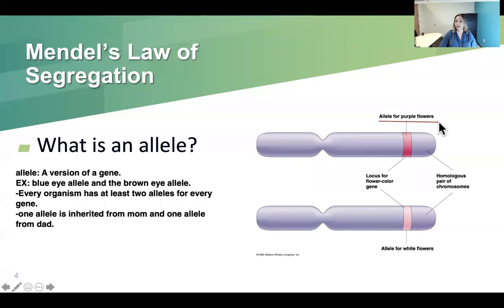One of the chromosomes has the allele for purple flowers, 1 has the allele for white flowers. The gene is flower color. Right here, it says locus for flower color gene. Locus means the location on the chromosome, right? This is set. Genes don't usually move around on the chromosomes. They are set in their location, so we call that the locus.